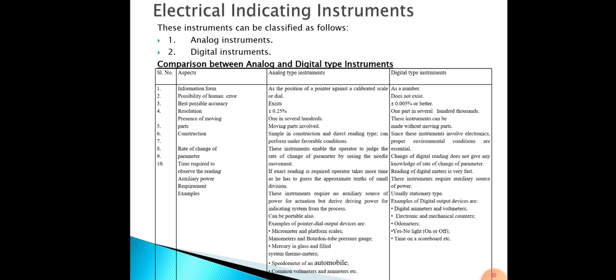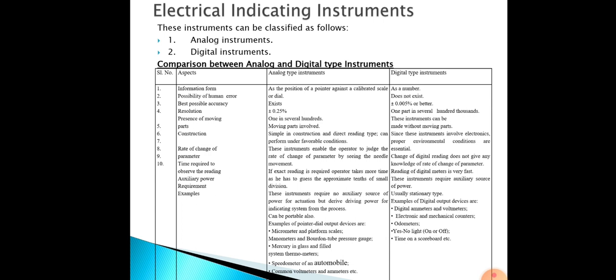Here, reading of the digital meter is very fast. Then auxiliary power requirement: analog instruments do not require any power, whereas digital ones require auxiliary power. Analog instruments can be portable, and digital ones are usually stationary.